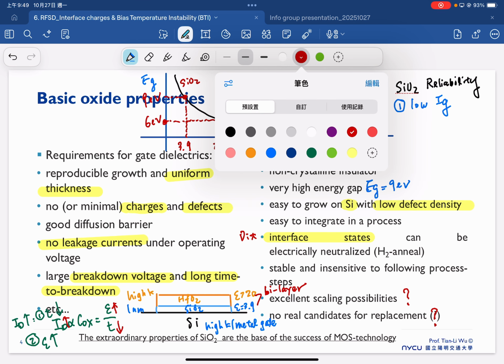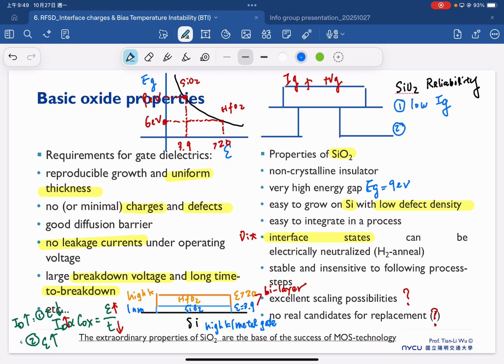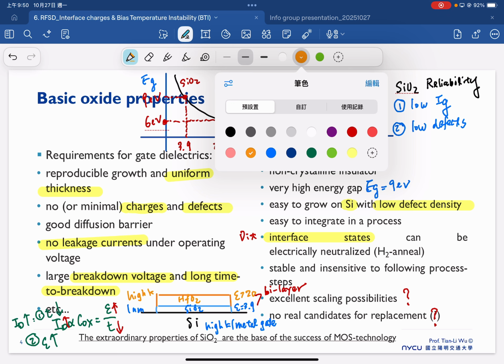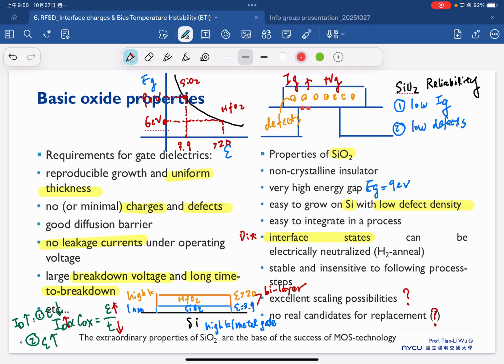And then the second one, low defects. It means that we hope our dielectric material has a low density of defects. And the last one, the interface between the dielectric and semiconductor is always not that perfect.